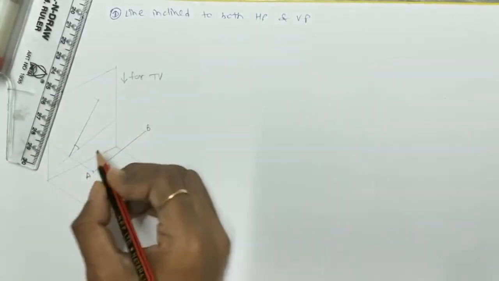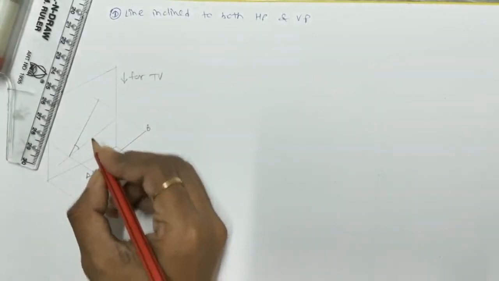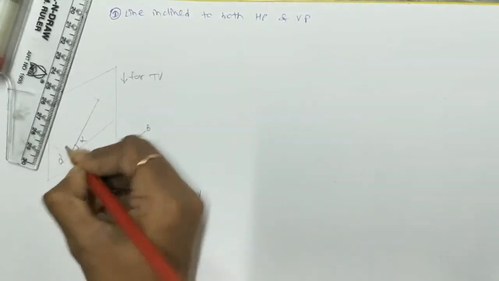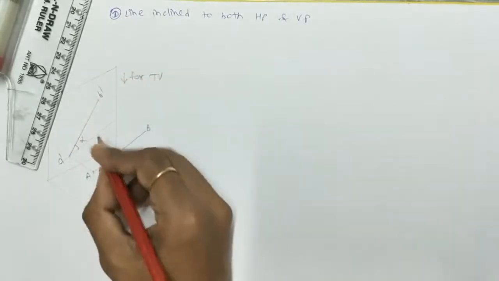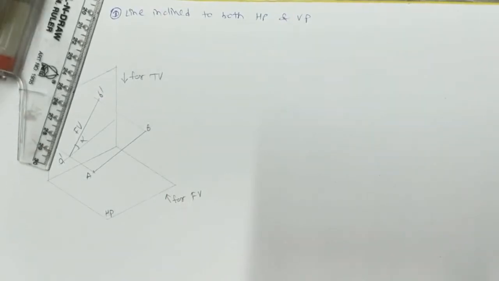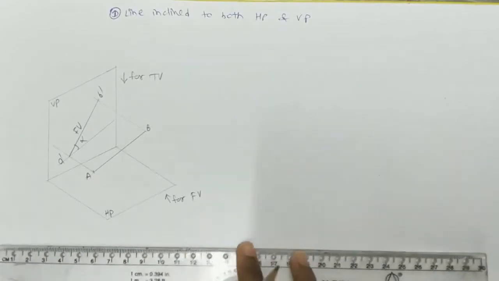This is the inclination angle of the line inclined to both HP and VP. This is angle alpha, and this line A dash B dash is the front view. Now we will draw the top view.